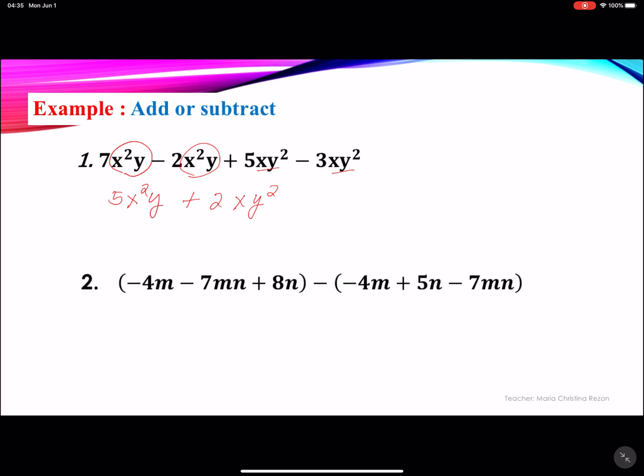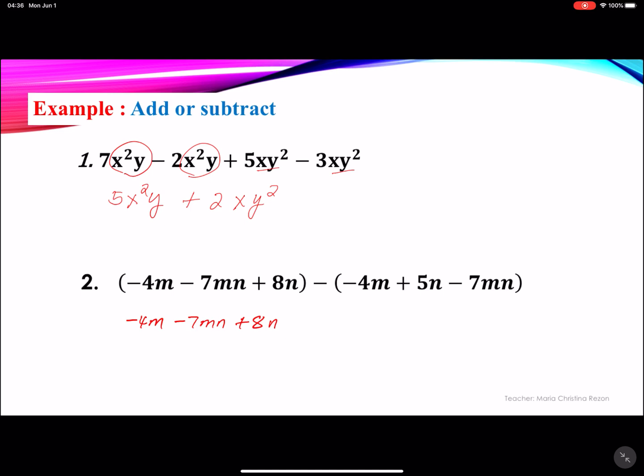Number 2. You have here the quantity of negative 4m minus 7mn plus 8n minus the quantity of negative 4m plus 5n minus 7mn. Now, you can just rewrite the first group because there is no subtraction sign before the grouping symbol. So just write that as negative 4m minus 7mn plus 8n.